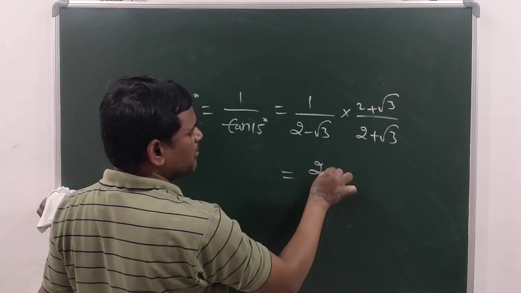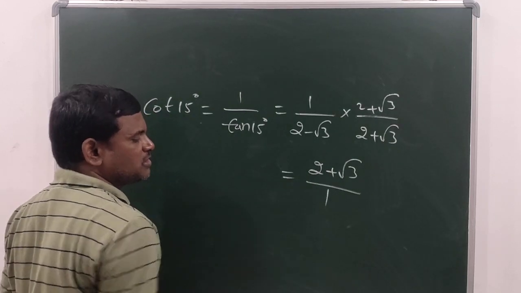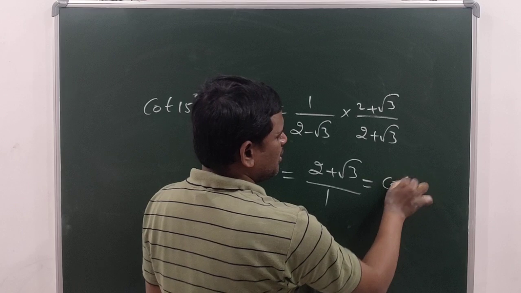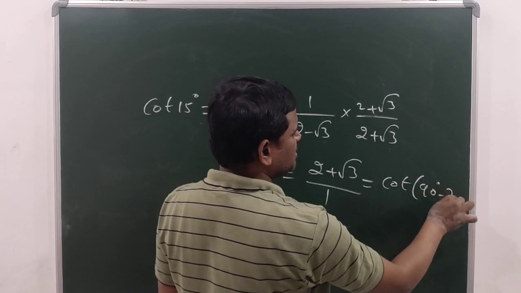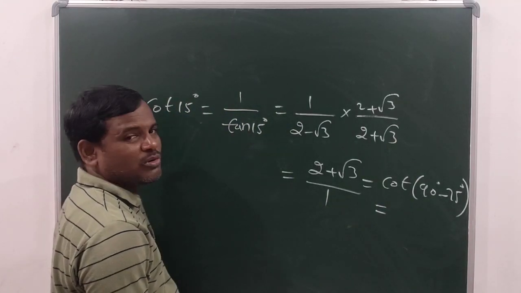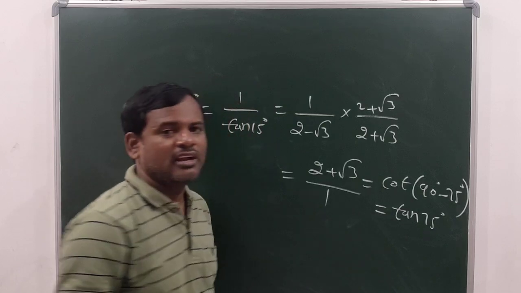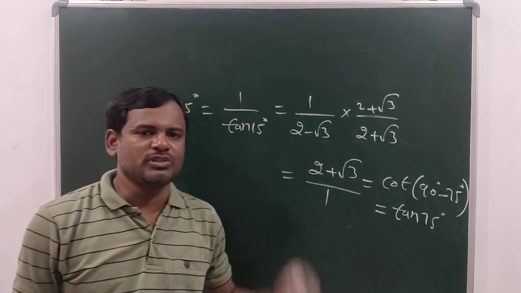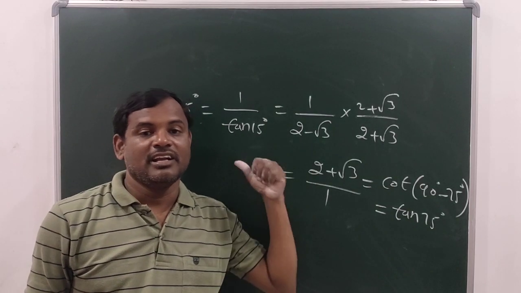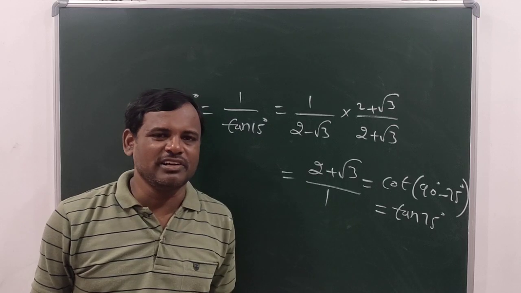Simplify the denominator: (a minus b)(a plus b) is a square minus b square, which is equal to 1. Now cot 15 can also be written as cot of (90 degrees minus 75). Cot (90 minus theta) is equal to tan 75. Tan 75 is 2 plus root 3, which is equal to cot 15. And tan 15, how much did you get? 2 minus root 3. That is equal to cot 75.